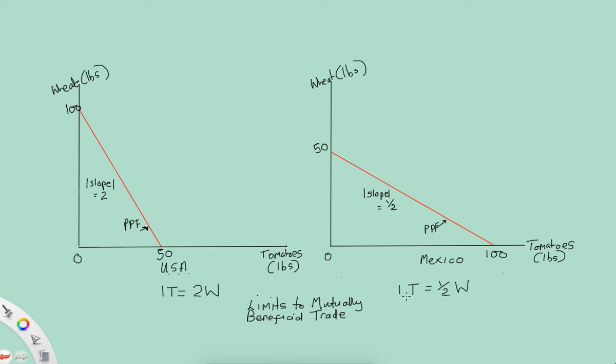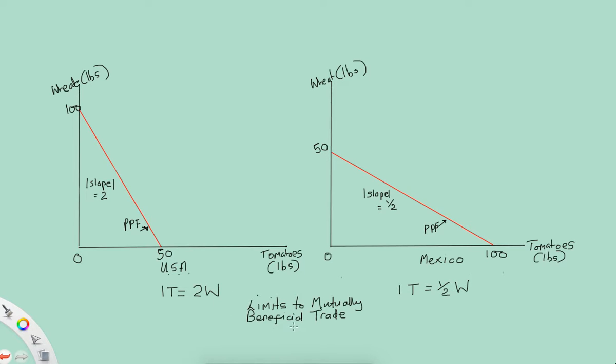And likewise, if the US went to Mexico and said, Mexico would like to buy tomatoes from you, how about in exchange for a pound of tomatoes, you give us 1/4 pound of wheat? The Mexicans are going to say, forget about it, because if we want wheat, we can make wheat, and every time we sacrifice 1 pound of tomatoes, we get 1/2 pound of wheat, so why would we ever trade with you at a price that was even lower than a half?